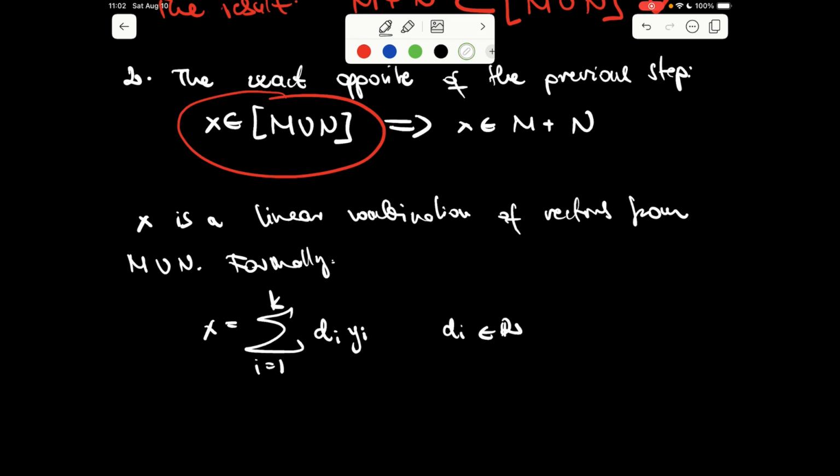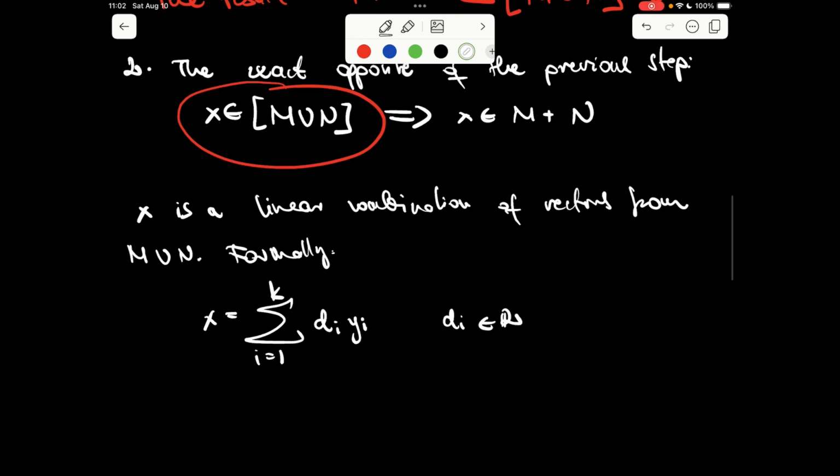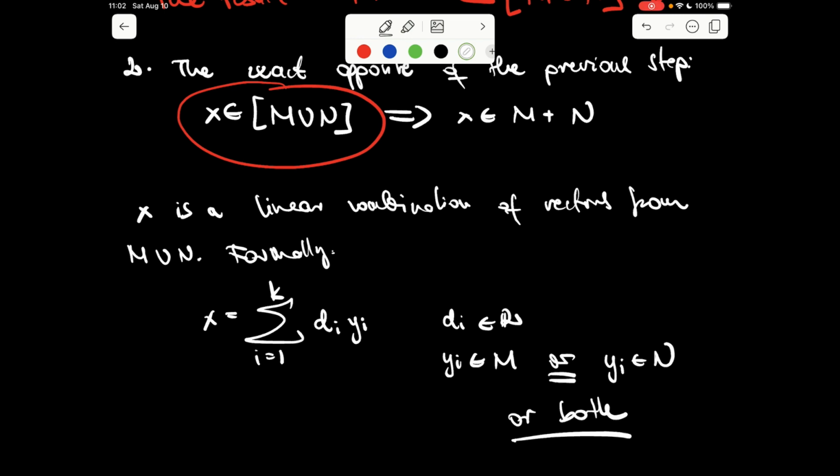So we have real scalars. These vectors come from M, or they come from N, or both. We cannot know.